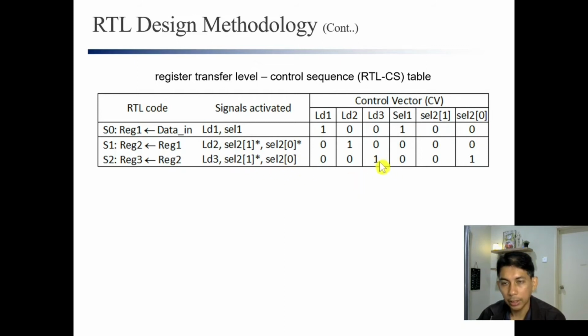So LD3 is 1, and this one is 0, 1. These are the signals that should be activated at S0, S1, and so on.